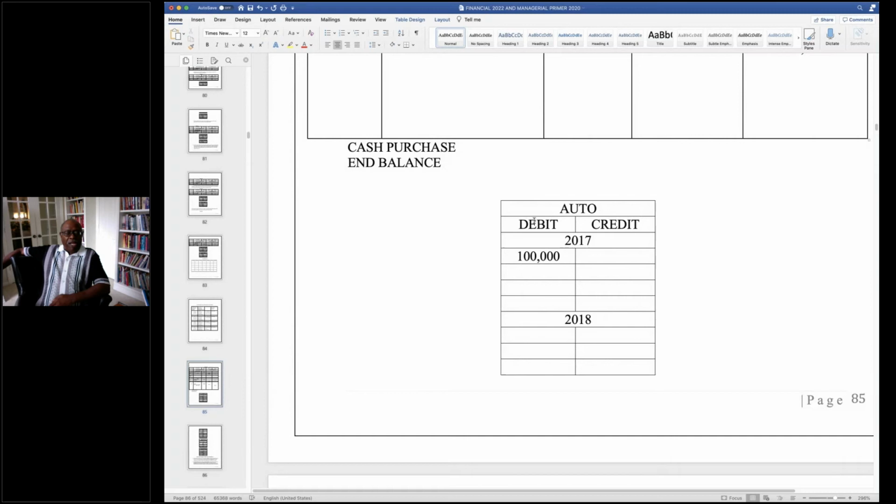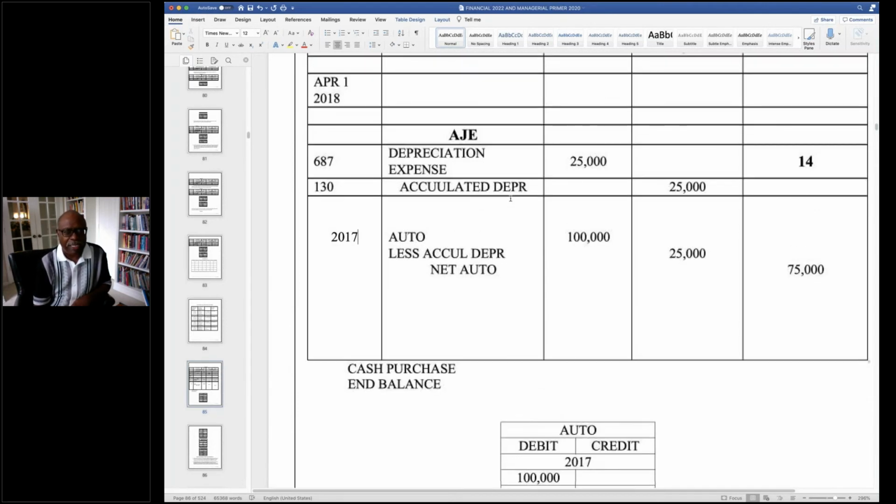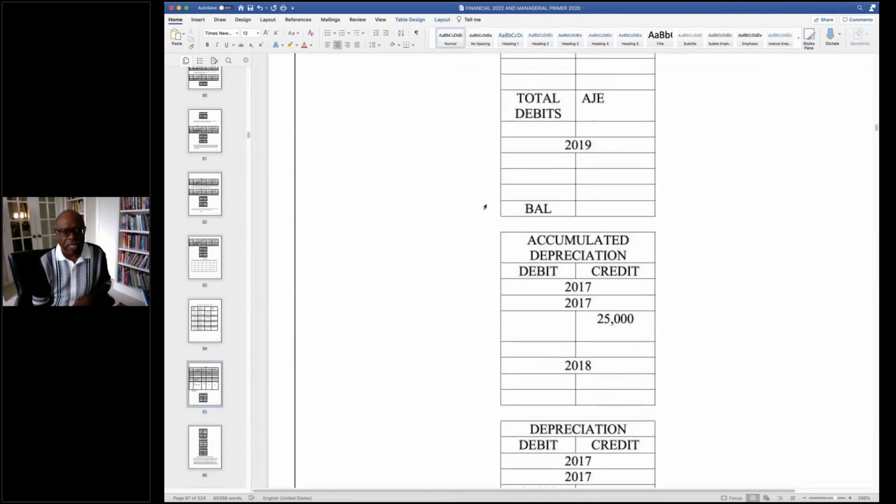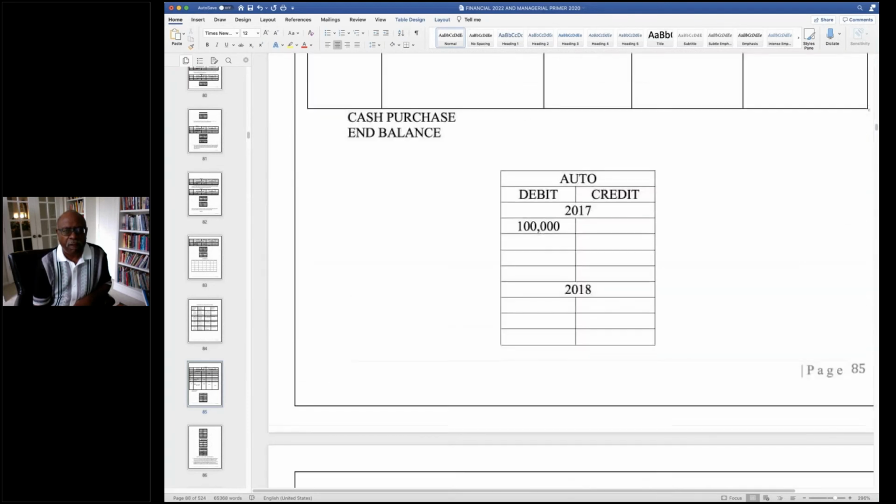Do you buy your car every year? No. So your business is not gonna buy the car every year either. It still has it. So the account is 100,000. There's 100,000 still. Okay.